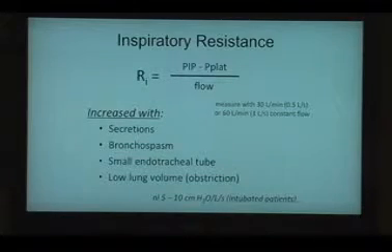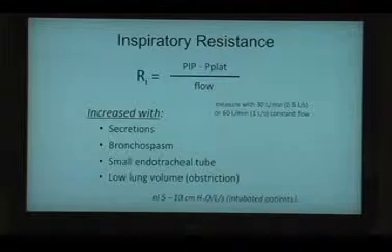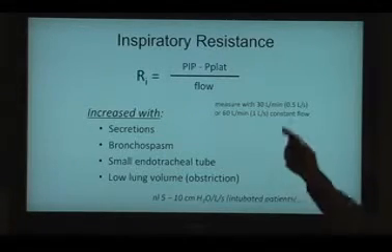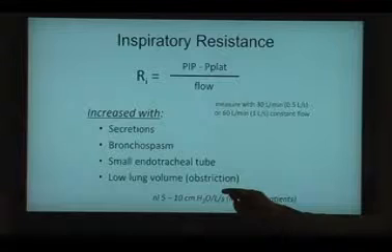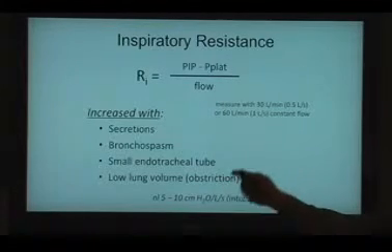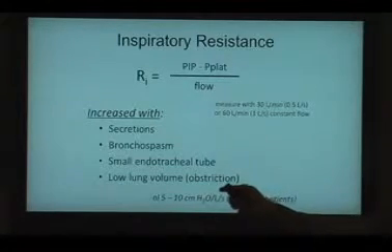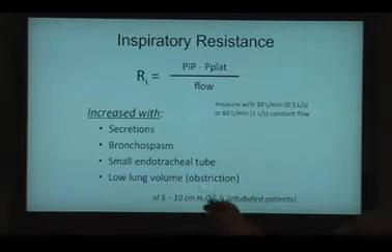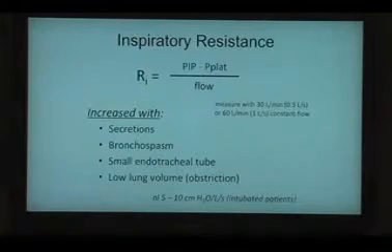Airways resistance might be increased with secretions, bronchospasm, small endotracheal tube, or low lung volume. Years ago I heard a pulmonologist refer to an increase in airways resistance with ARDS as due to low lung volume, which is correct. And he called it obstruction, so I thought that was kind of cool. It's apparent obstruction as a result of restrictive lung disease. Kind of a cool concept.